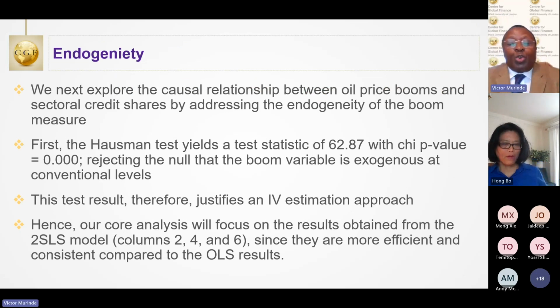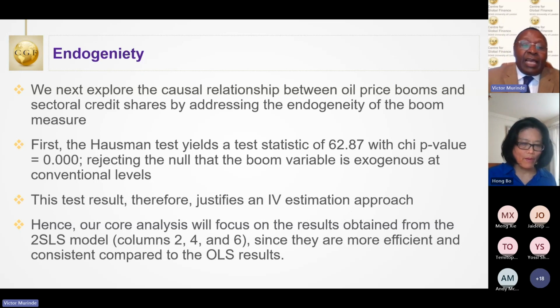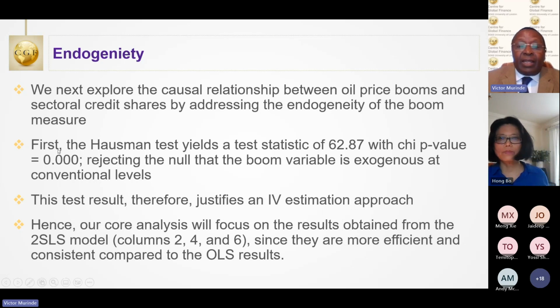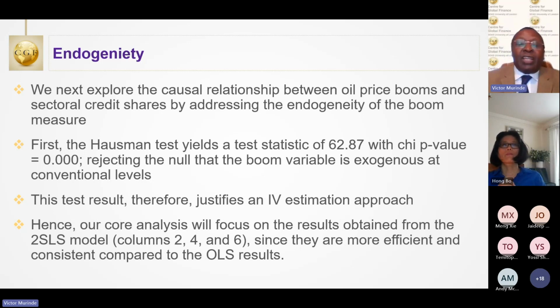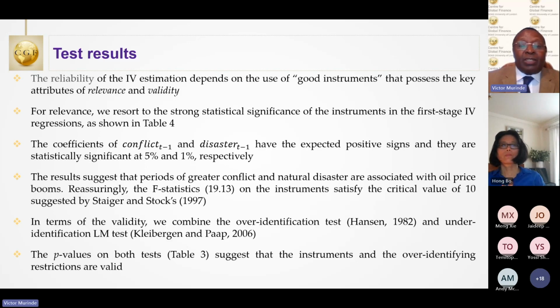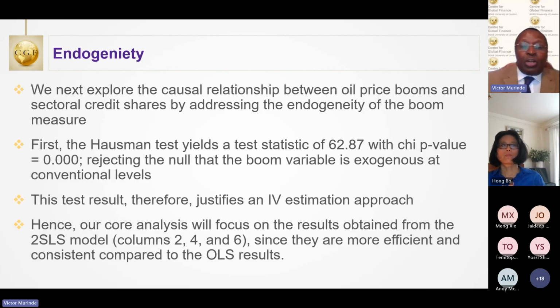Now, to explain how we dealt with endogeneity in our results, when we try the Hausman test, we get a test statistic of 62.27, with a chi-square p-value of 0, rejecting the null hypothesis that the boom variable is exogenous at conventional levels.